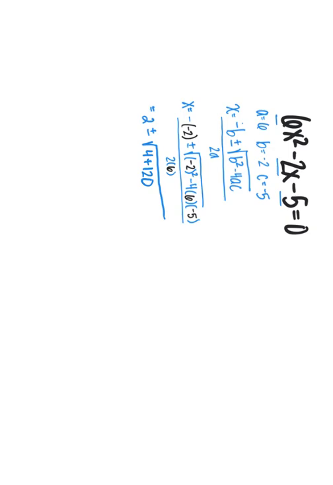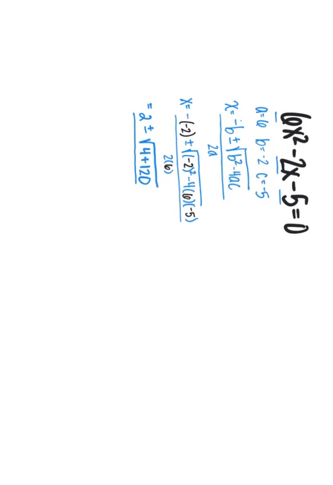Looks like I don't need all of this radical. And then we're going to divide that all by 2 times 6, which is 12. All right, simplifying a bit more, we have 2 plus or minus the square root of 124, which again is not a square number, over 12.